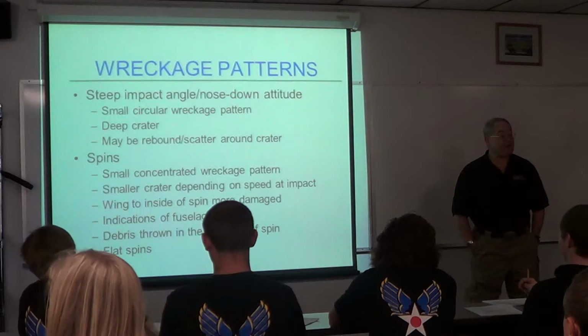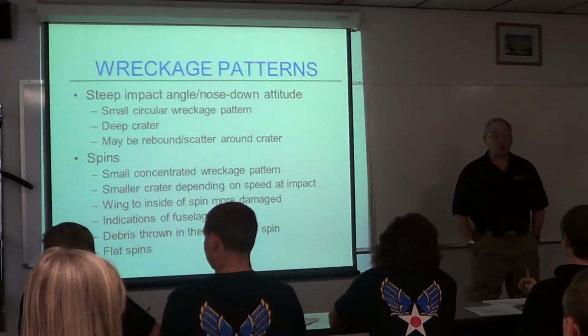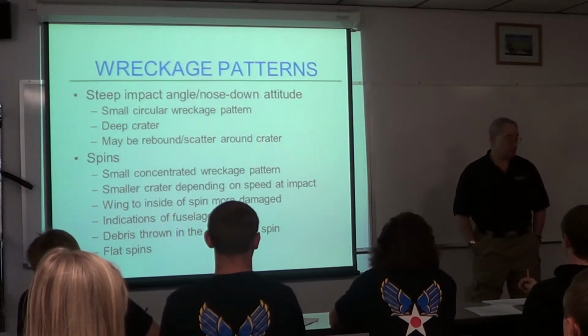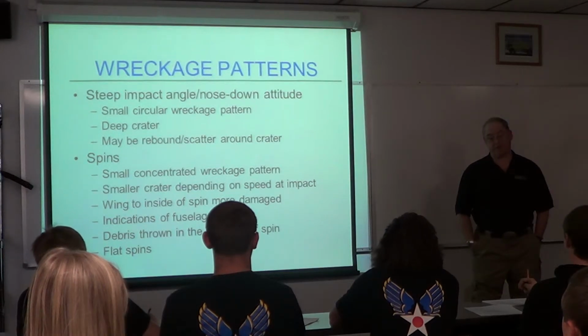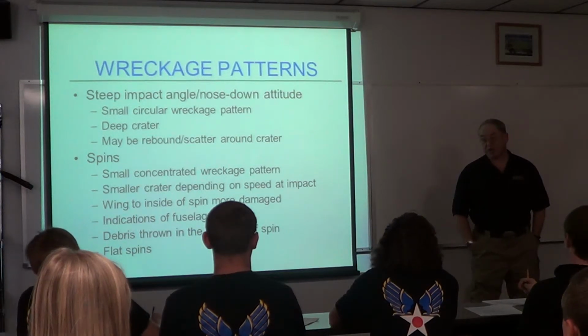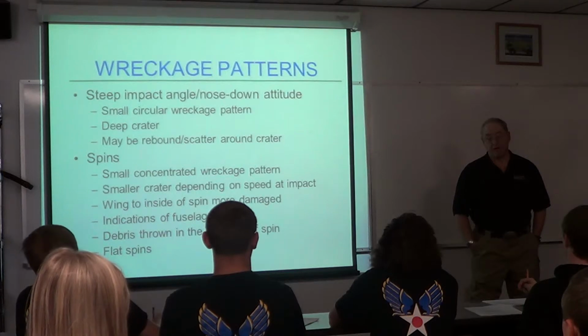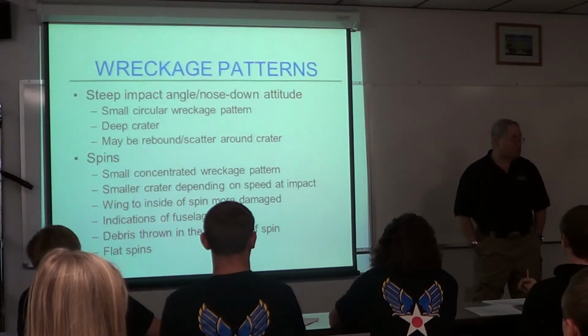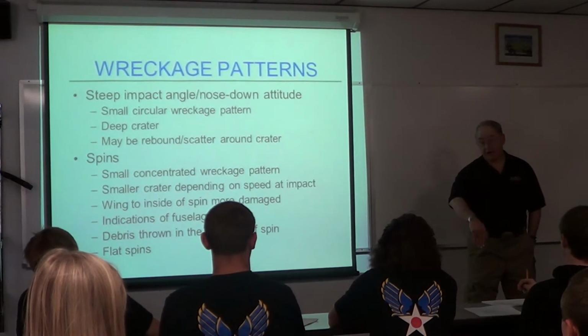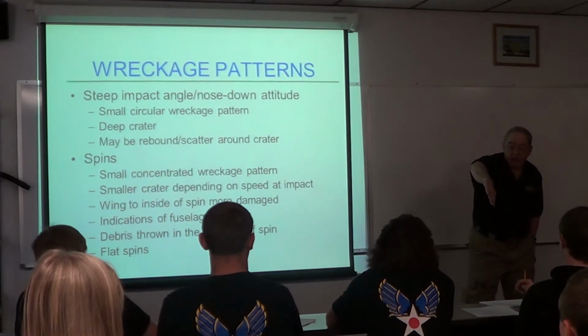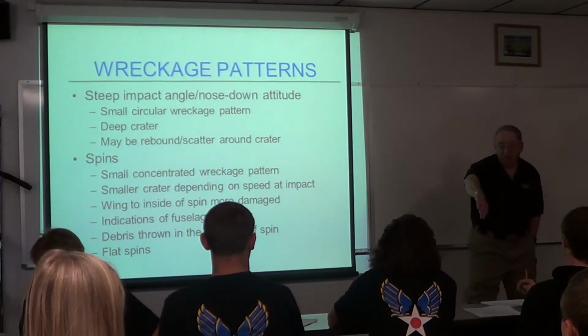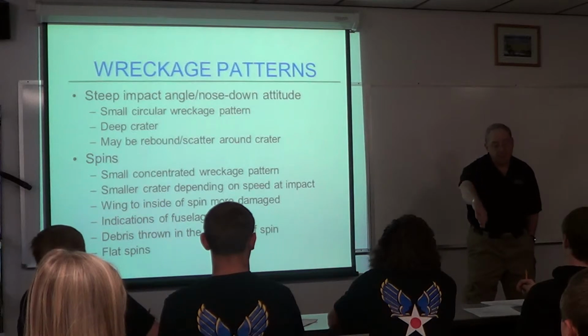If you have an inadvertent spin, it's like the world went upside down, and you don't know which way is up. Now, if I've got a pilot that has never been taught spins, and manages to get the airplane into a spin, how's that airplane going to hit the ground? Spinning. Nose down, wing down. Very distinctive impact.